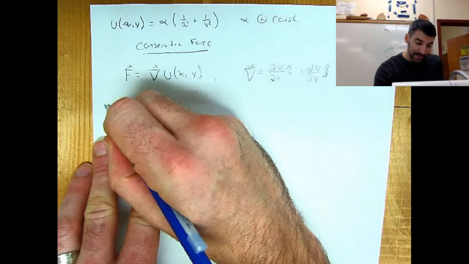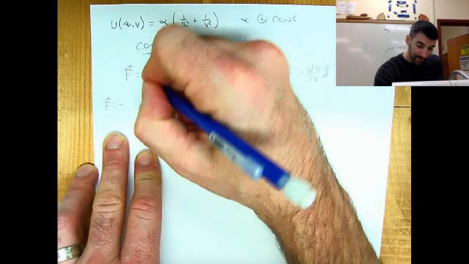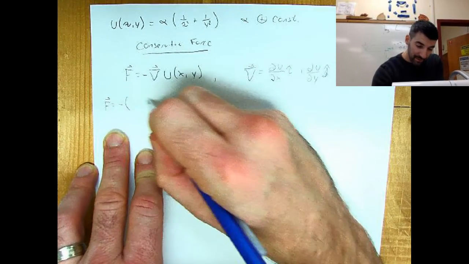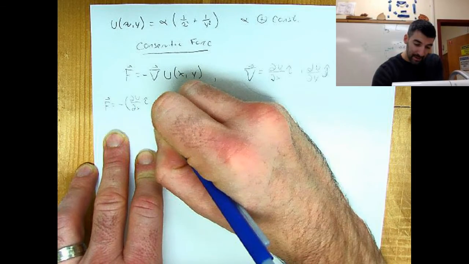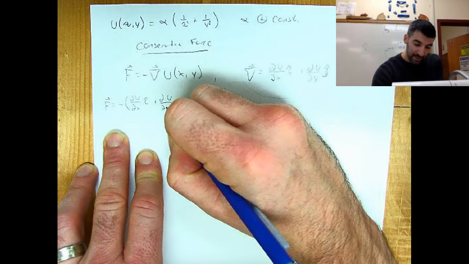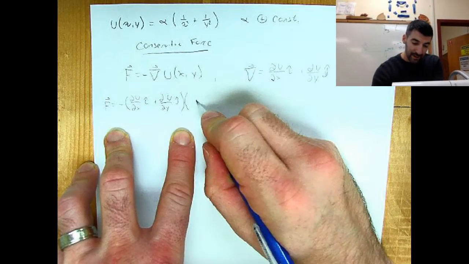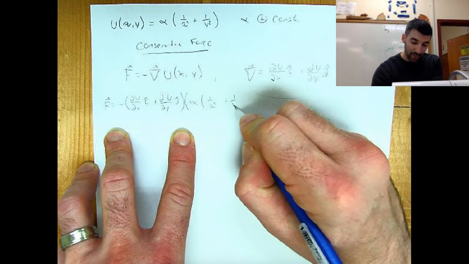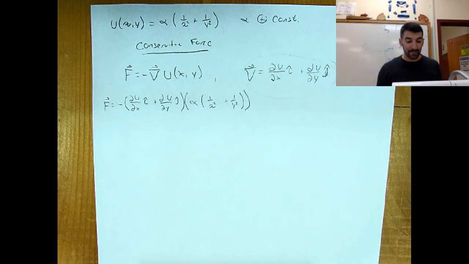So this direct substitution, I should have F is equal to negative. We know there should be a negative sign there. Negative partial derivative with respect to x in the i-hat plus the partial derivative with respect to y in the j-hat, and then my direct substitution, alpha times 1 over x squared plus 1 over y squared. And that's it. Should be nice and simple now. Well, what we're going to do is we're going to end up distributing this stuff out.